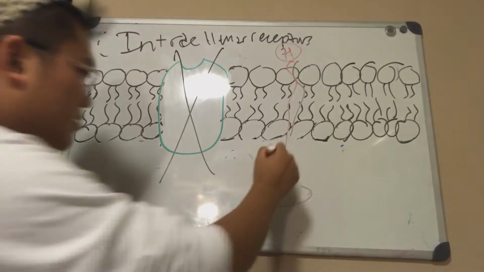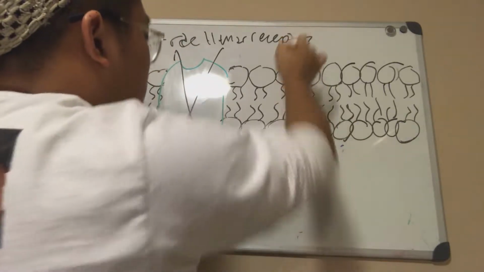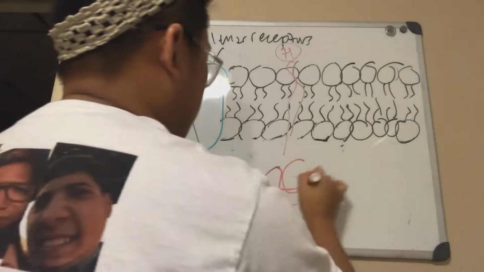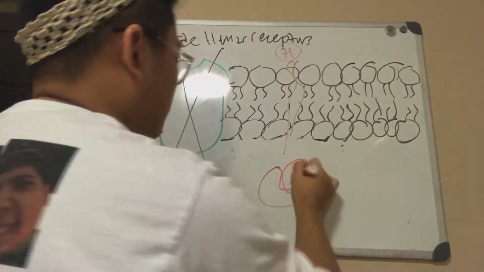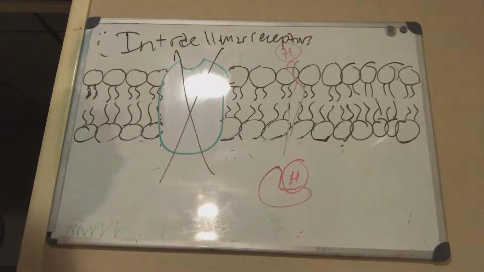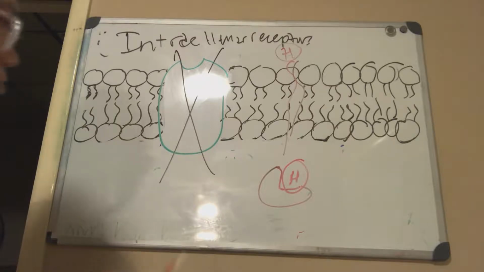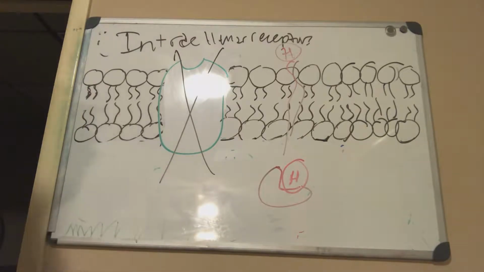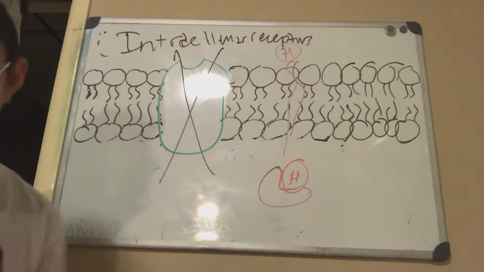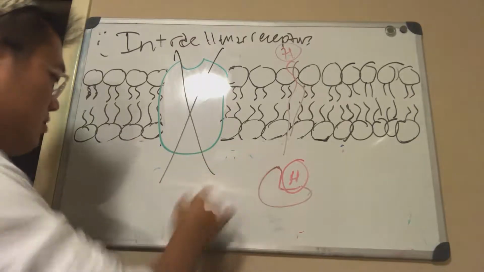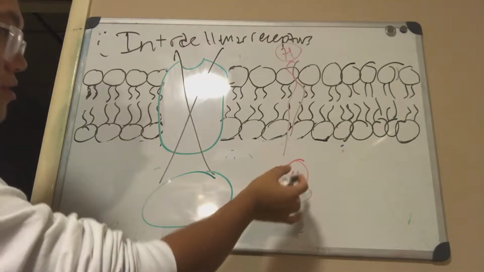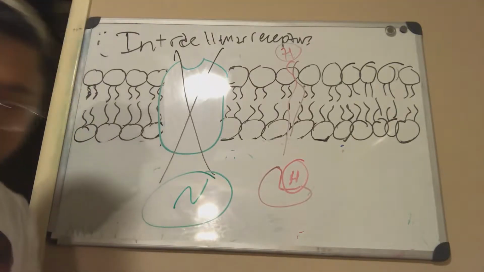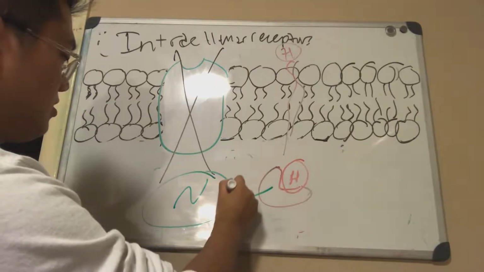Once the hormone goes in, it binds to the intracellular receptor. The reason it's called intracellular is just because it's within the cell, rather than on the plasma membrane. Once the hormone attaches to the receptor, the shape changes and it forms a complex, and this complex moves towards the nucleus.